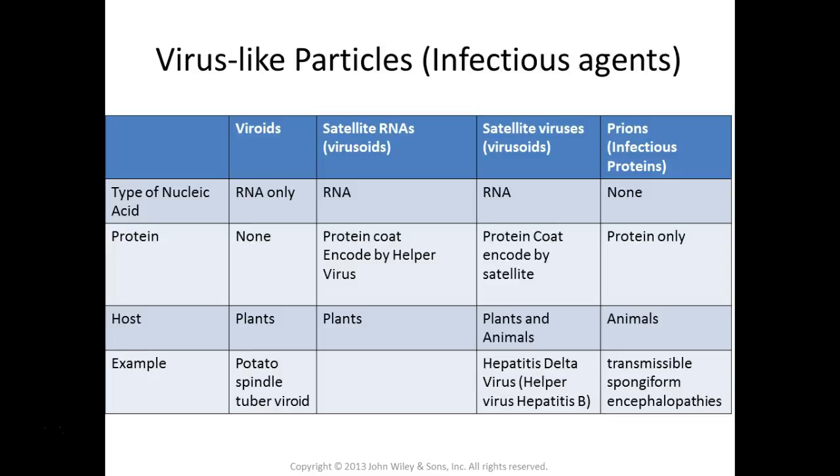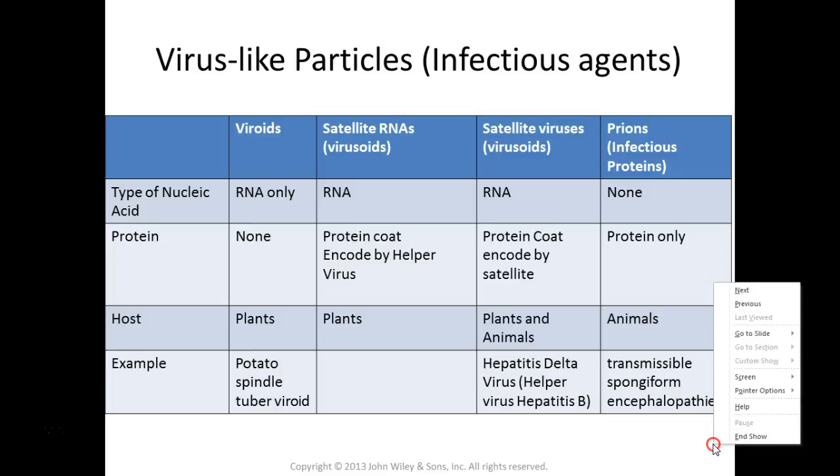It causes destruction to areas in the brain, so progressively, eventually, it causes death in the animal. So some other common names you may have heard for this. Anyone know a common name for this condition that happens in cows? Mad cow disease. It's called Creutzfeldt-Jakob disease in humans. It's called scrapie in sheep, but it's all the same thing.